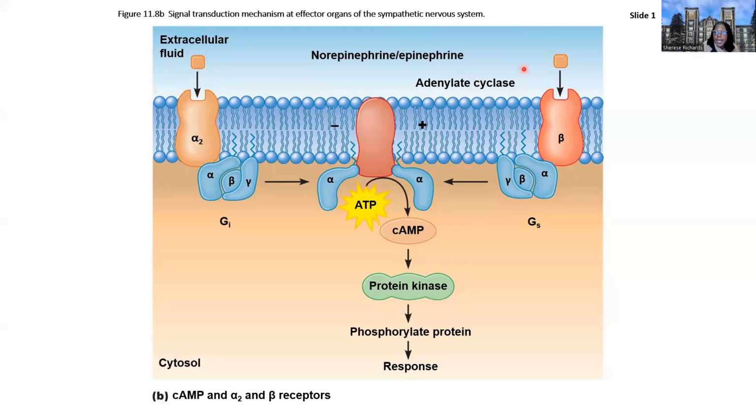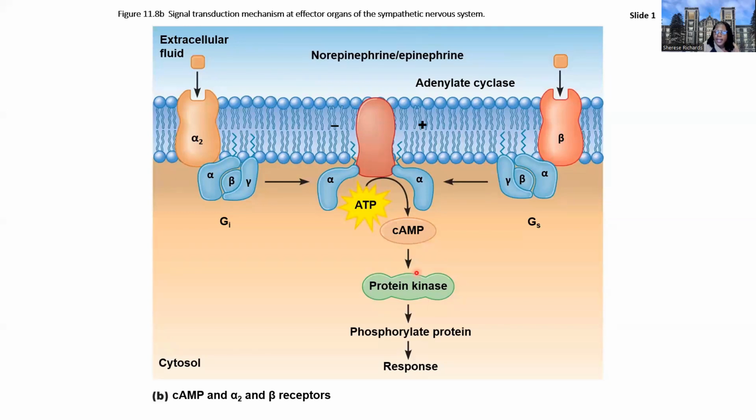Now, when we think about the beta receptors, they are also acting on cyclic AMP, but their response is going to be different. They are coupled to a G stimulatory protein, and that will have the alpha subunit dissociate off, and that will actually activate adenylyl cyclase. And by activating adenylyl cyclase, that is going to result in a cyclic AMP increase.